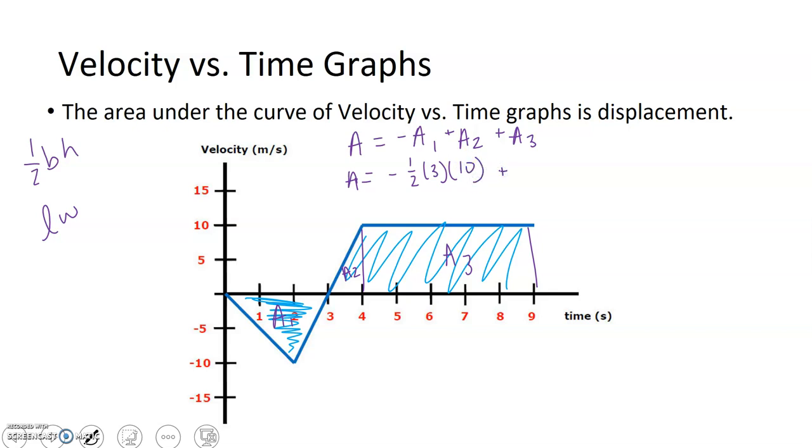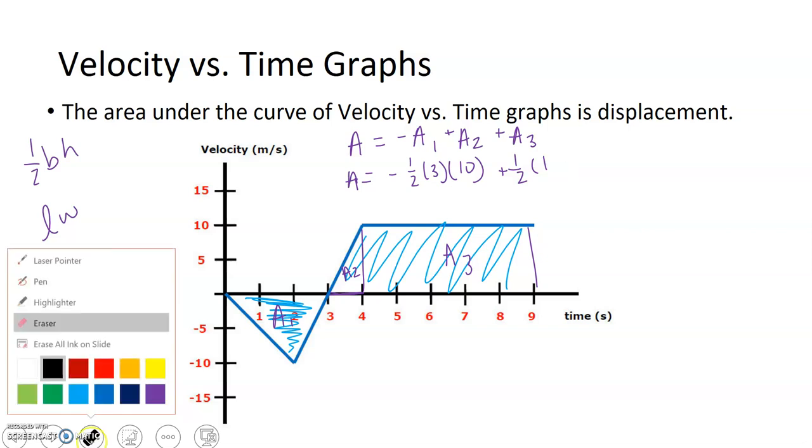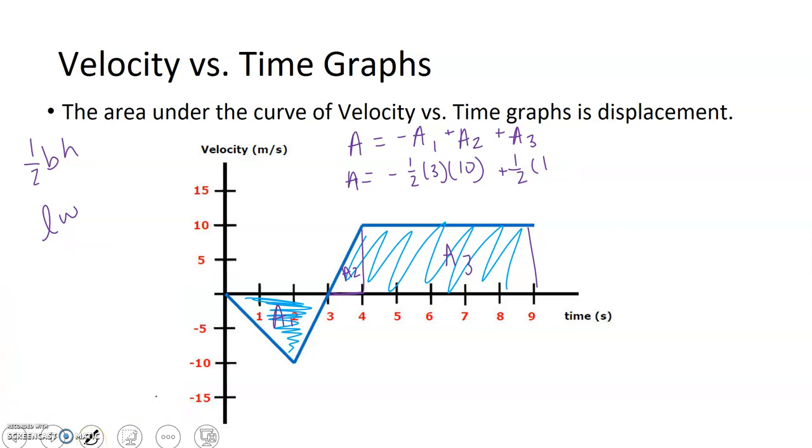plus the area of triangle 2, 1/2 of the base from 3 to 4, right? That's 1 second, times the height, again up to 10. And then we do the area of that rectangle, area 3, length times width. Length, we go from 4 seconds to 9 seconds.